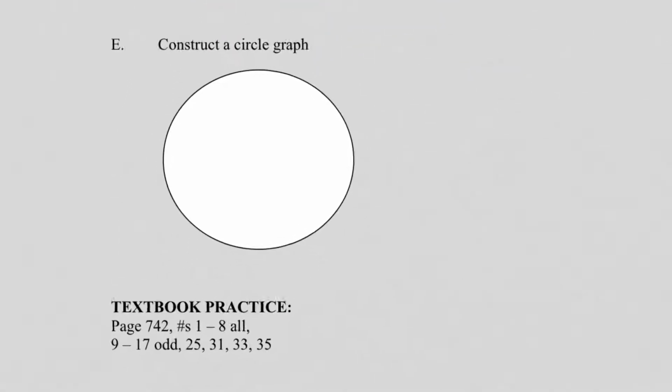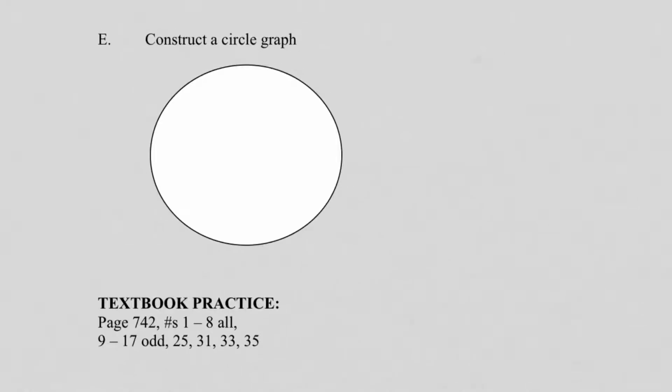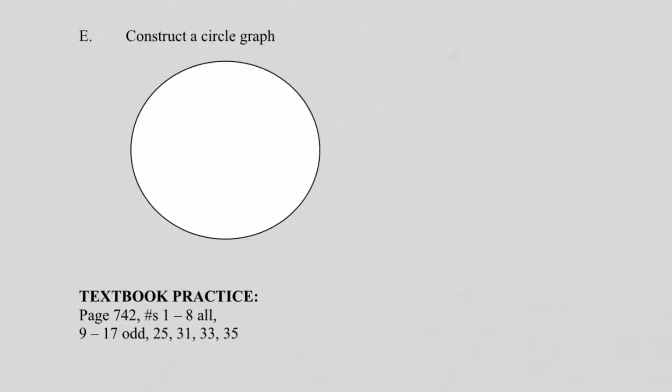Now the last thing is the circle graph. You should know what that is and how to interpret that, but you won't necessarily have to create the circle graph. Most of these are going to be done for you, but let's just say we had to create one for this example.